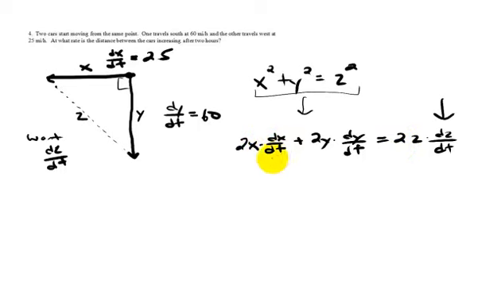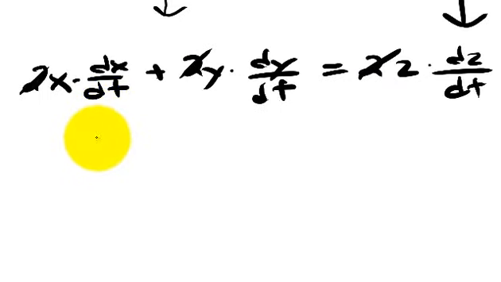So let's see here. We know dx/dt. Oh, by the way, does everyone see that each term has a 2? So I can just cross them off. Okay, so I need x and dx/dt. Well, I know dx/dt is 25. So what's x?